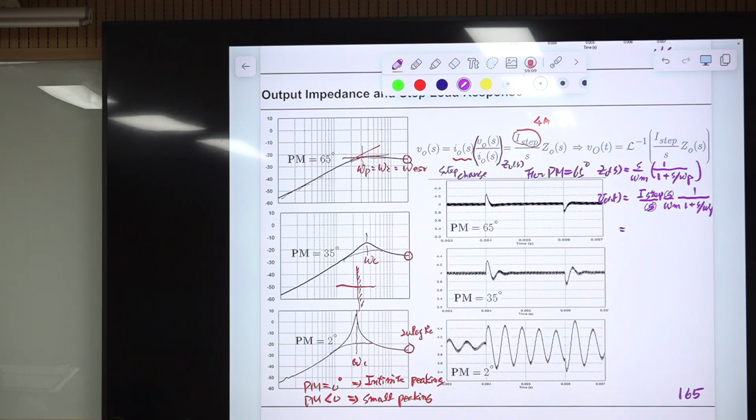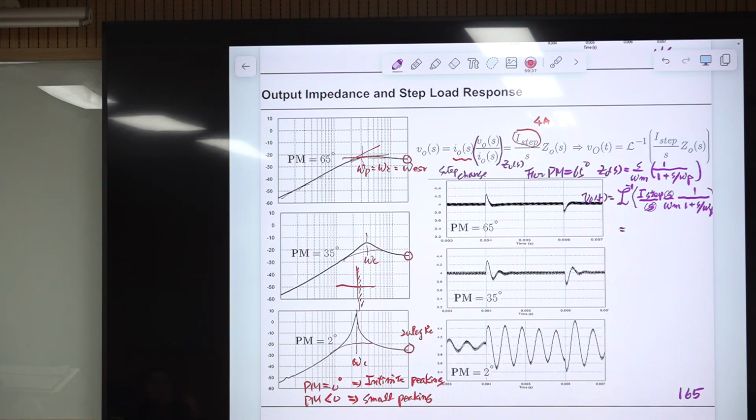Oh, I'm sorry. We need the inverse Laplace transformation notation. This one. Okay.